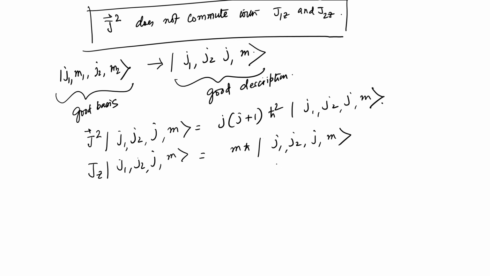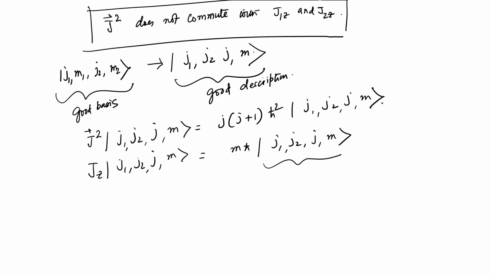So, this is also a good description. This is exactly what I said, and we have also shown earlier that J1 M1 J2 M2 is a good description as well, and now we see that J1 J2 J M is equally good. So, the quantum numbers J1 J2 M1 M2 as well as the quantum numbers J1 J2 J M are both the real eigenbasis, so to say, for this problem comprising J, which is the sum of the two angular momenta of the two particles.